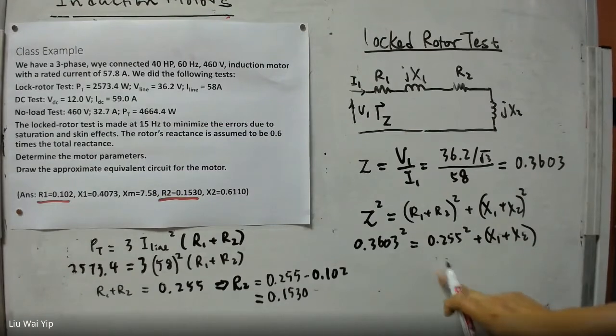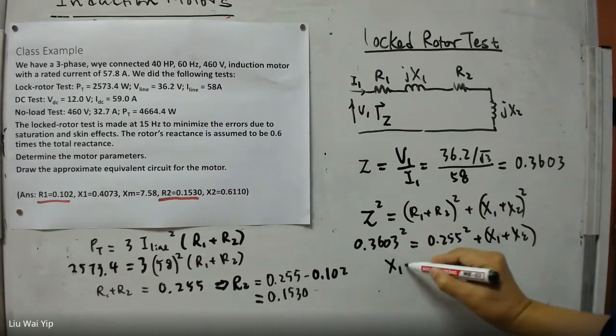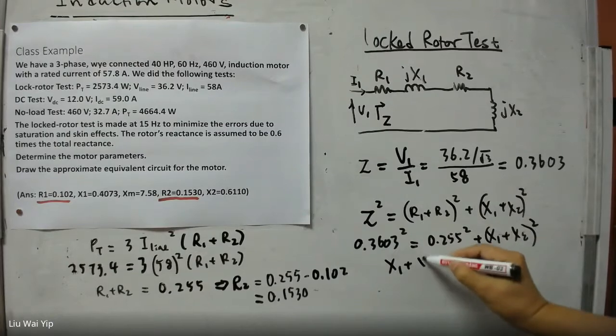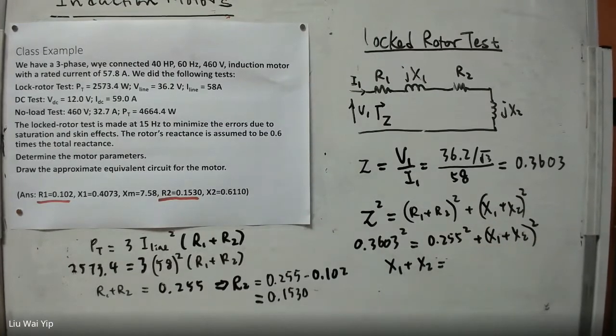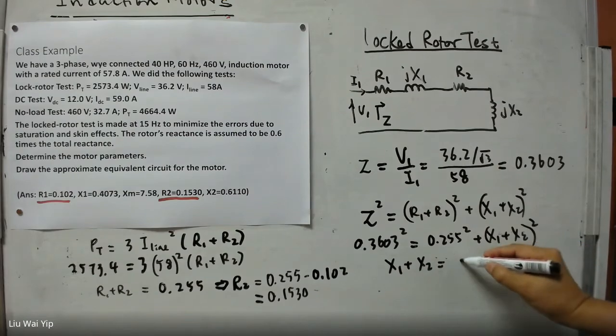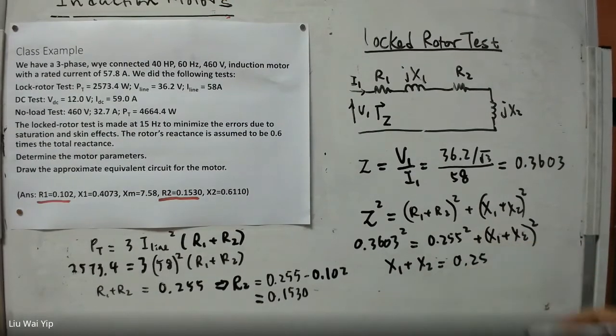So if you do it carefully, you will find that this value, X_T, is 0.2546.